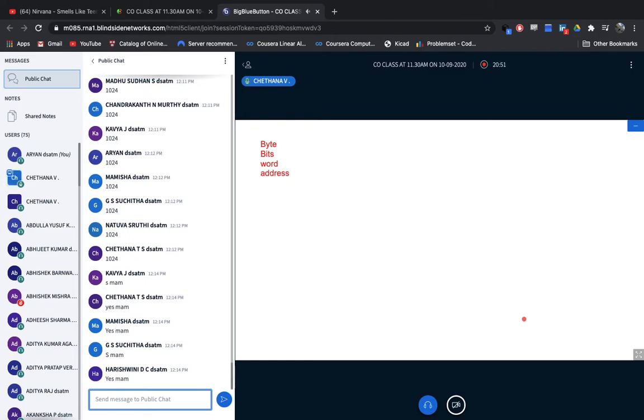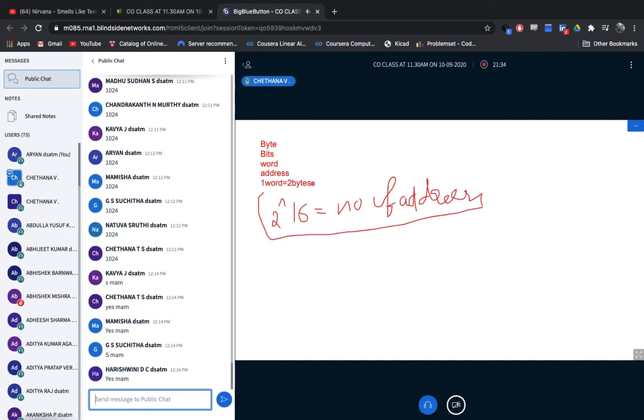If in one location I'm going to store 2 bytes of data, maximum 2 bytes I'm going to hold, then 2 bytes means 16 bits. So 2 to the power of 16: that many locations or that many addresses your memory will provide for you.